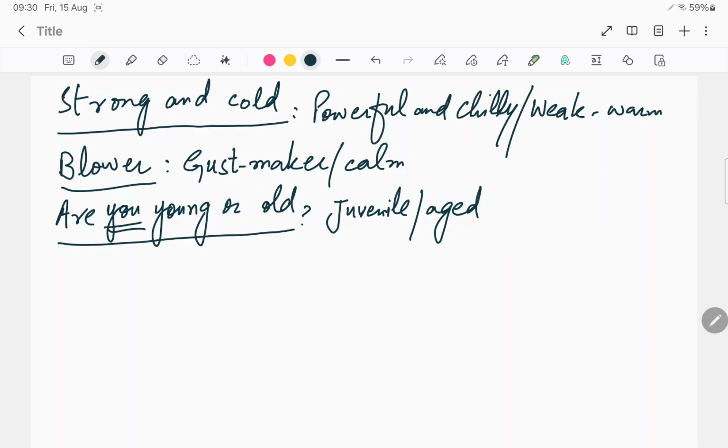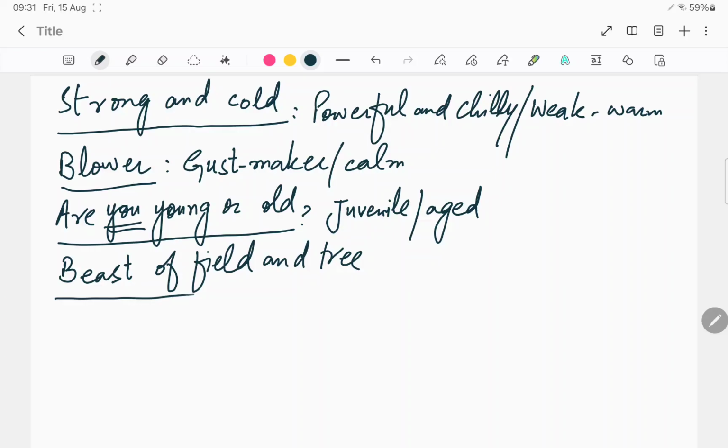And the next word here on the list, as we are coming closer to the end of this session, is beast of field and tree. So again, this is associated with the wind, and beast actually means wild creature present in the jungle or forest. And what can be the antonym?